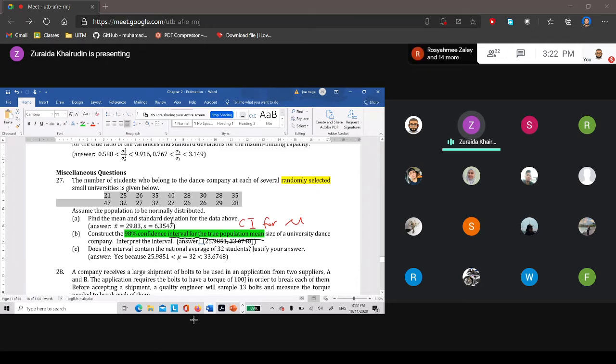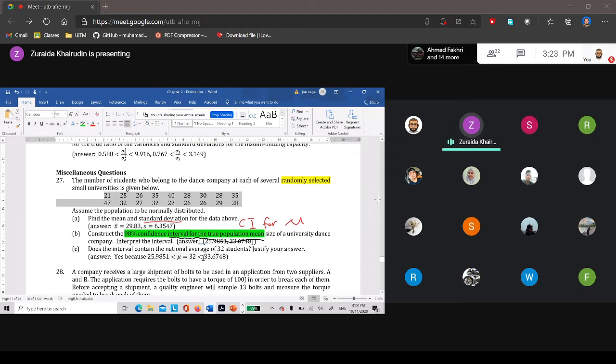Find the mean and standard deviation. Some students are a little confused because for standard deviation we have s and sigma. Just now I said this is your sample, because the keyword here is randomly selected. That means we have a large population and we only select this, so this is a sample.